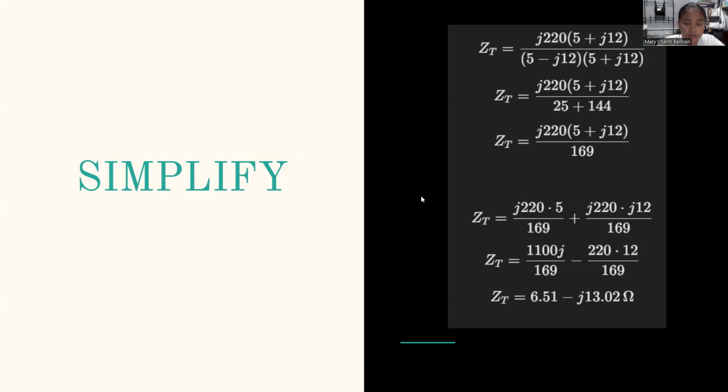To get the given, we should multiply it with its conjugate, which is 5 plus j12.